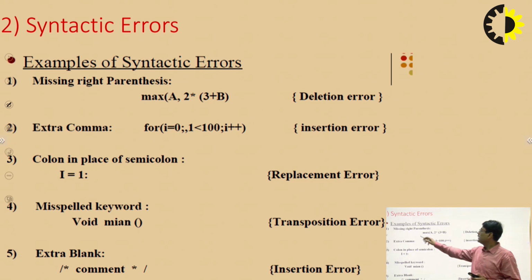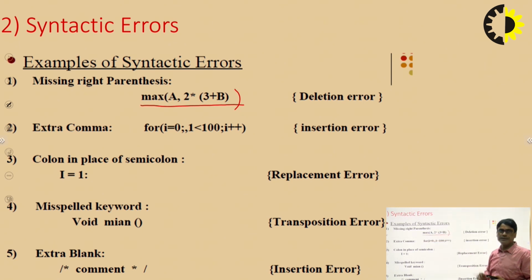Like a missing right parenthesis. A missing right parenthesis is a syntactic error, means it is syntax based, because if you are not putting it, the equation is not correctly calculated when you are executing this. Such an error is a deletion error, because whatever is required you have not completed, some part is missing.